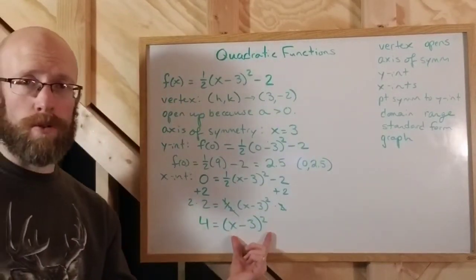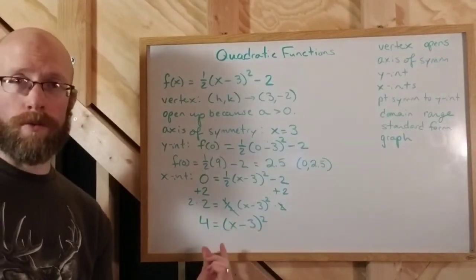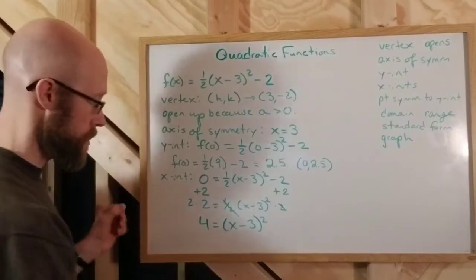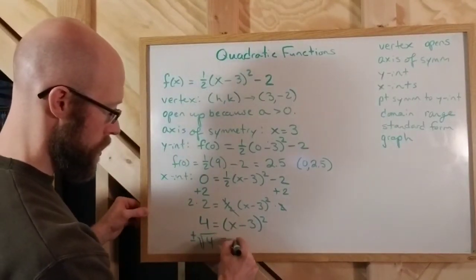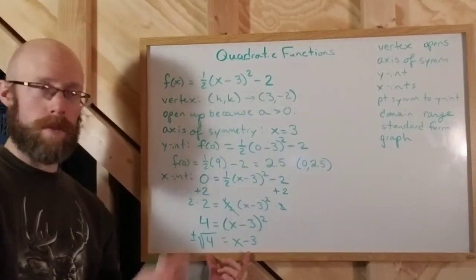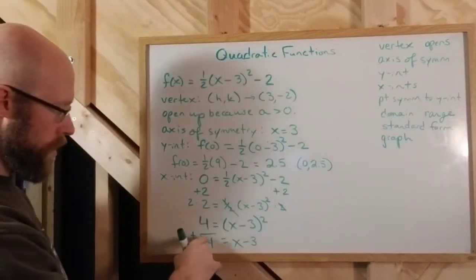I use the square root property here. Some people say they take the square root of both sides, but you just have to remember to use a plus or minus on this constant. So it would be plus or minus the square root of 4 is equal to x minus 3. At this point, I'm going to evaluate that square root of 4.